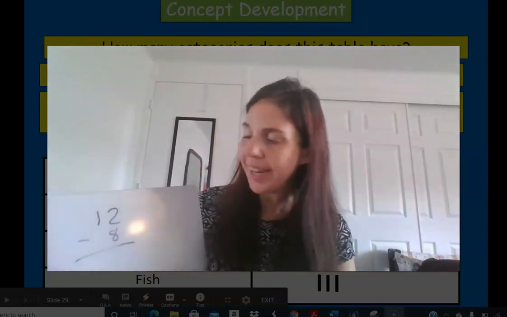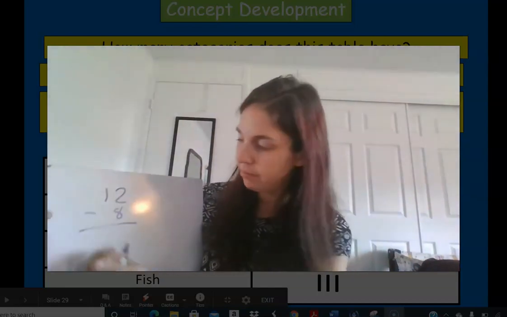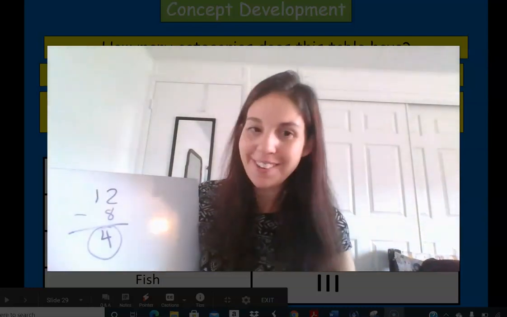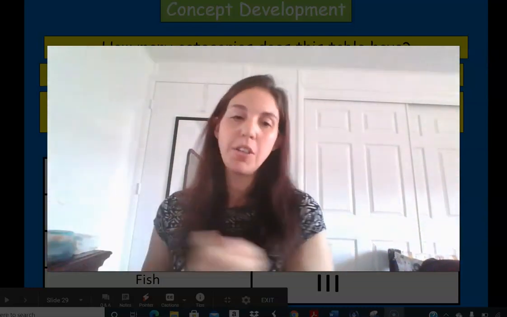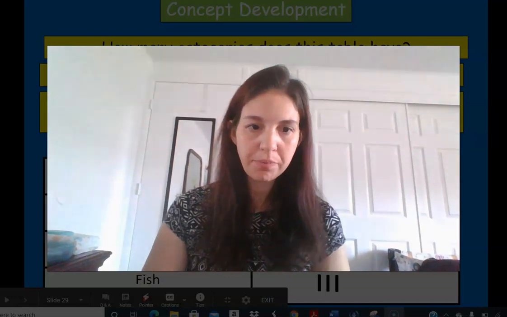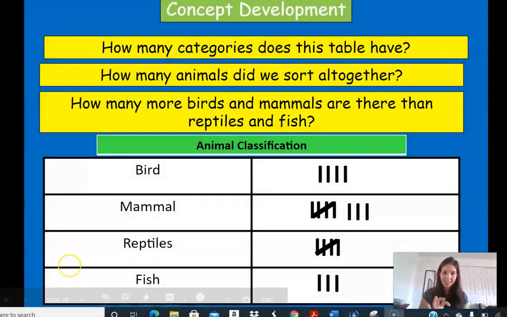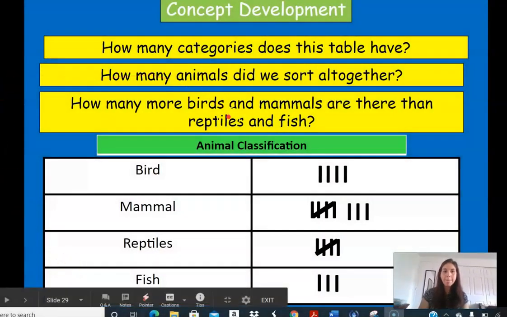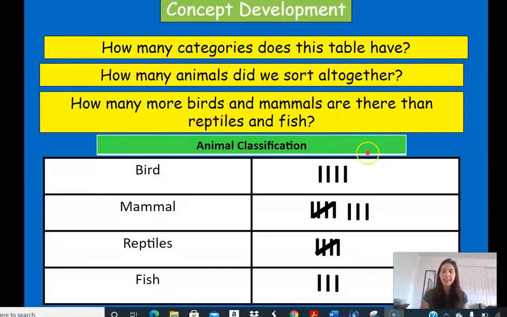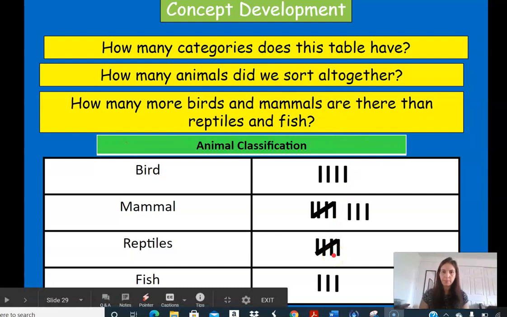What is 12 minus 8? 4. Very good. So if you said 4, you are correct. We have 4 more birds and mammals than we do reptiles and fish.